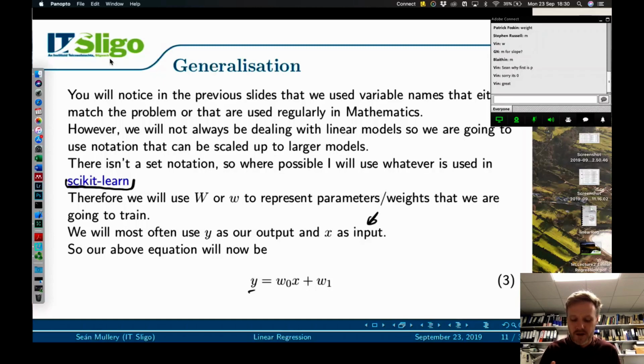Our weight has multiple parts to it, so multiple dimensions to it. So this is two-dimensional. The things that we're going to learn are two-dimensional. If you remember, last time we called this one m and this one c. Now I'm just calling them w0 and w1 as the two weights or parameters that we're going to have to learn, and I want to be able to tell them apart, so I'm indexing them down there.